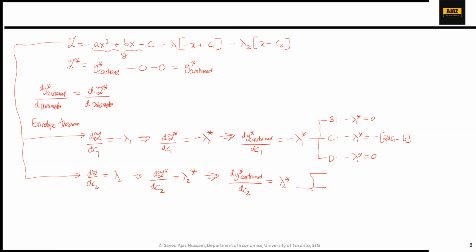And again, it depends on which case you're in, B, C, or D. Because in case B, lambda 2 star was equal to b minus 2a c2. In case C, lambda 2 star was equal to 0. And in case D, lambda 2 star is equal to 0. So this gives you the change in y stars due to change in parameters.